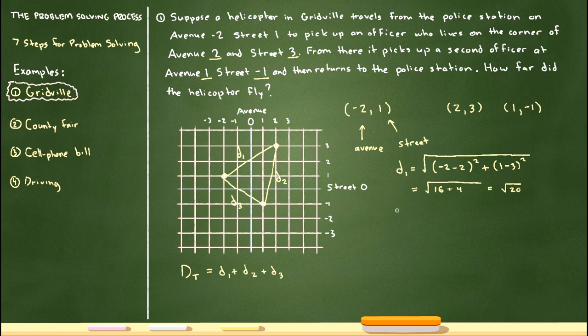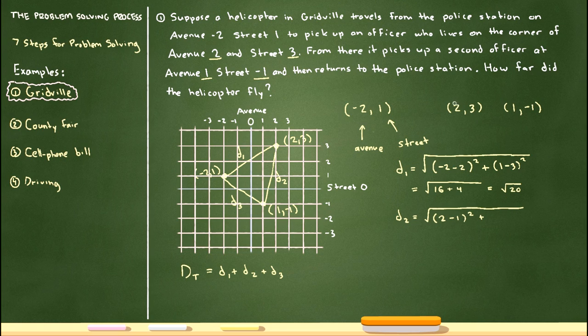Okay, that's d1. Now d2, well, that's the same formula, but we have some different numbers. So d2 is from this point here to this point here. So let me label this point. This is the point 2, 3, and this is the point 1, -1. Okay, and let me label this too. This is -2, 1. So our run would be 2 minus 1, and then we want to square it.